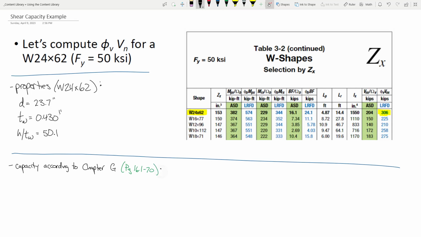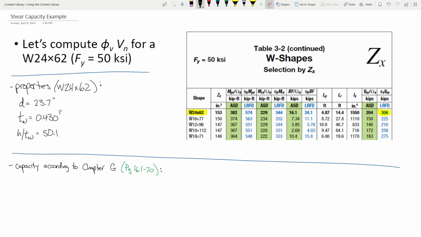Okay. So what we're looking at here is we've got a series of sections. We're going to go to section G2, I-shaped members and channels. Shear strength of webs without tension field action. I'll talk about what tension field action is here in a little bit, because we're getting into some advanced stuff when we talk about TFA.